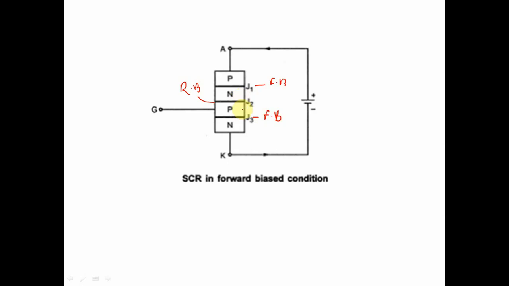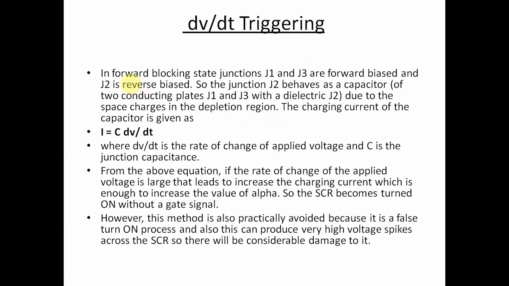So in the forward blocking state, junctions J1 and J3 are forward biased and J2 is reverse biased.